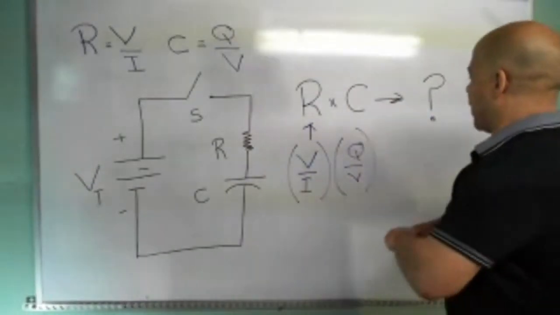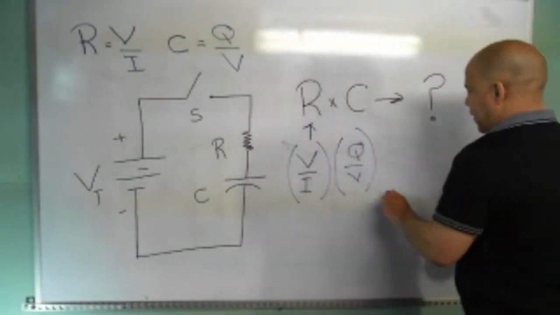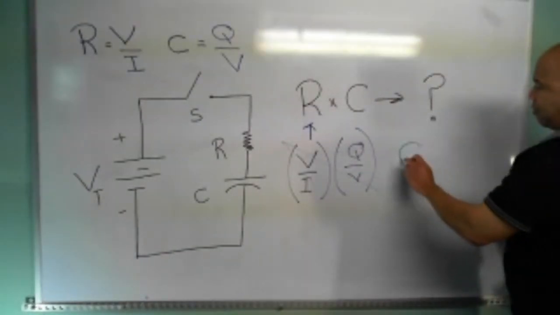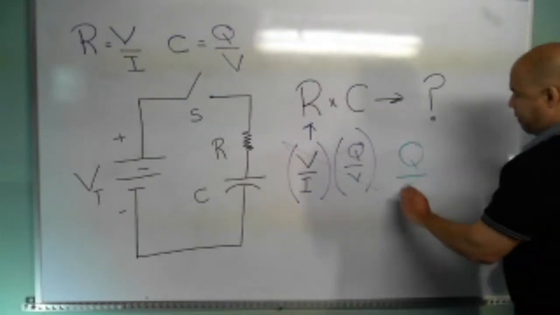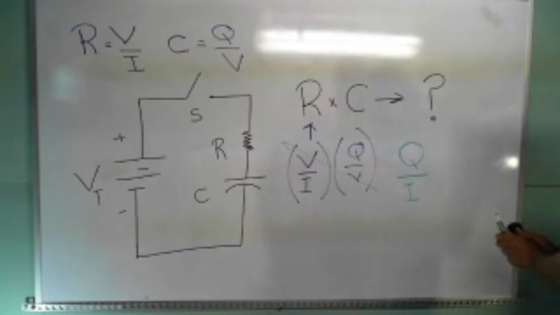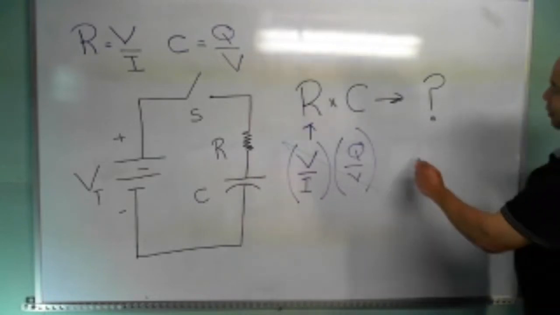My V's are going to cancel out. And I end up with Q divided by I.